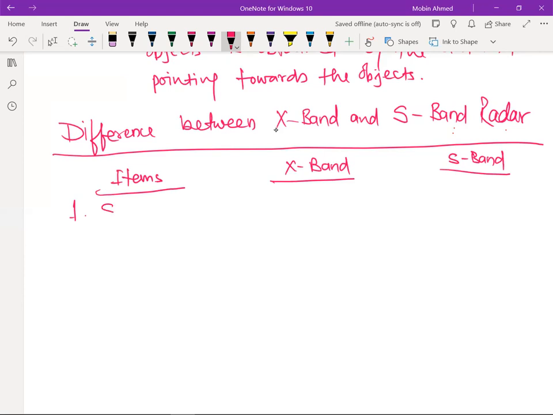The first item is scanner. Scanner means antenna, which is scanning 360 degrees. Scanner for the X band is going to be smaller. What is the size? That depends. It is going to be 4, 6, or 8 feet.